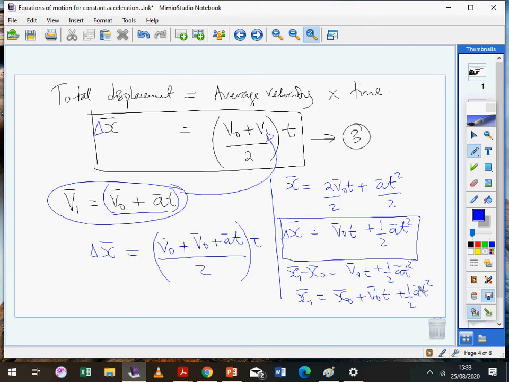Really, in most cases, this is the one that we use, without this component. But that component is still part of the equation.